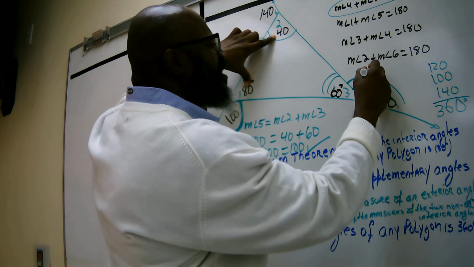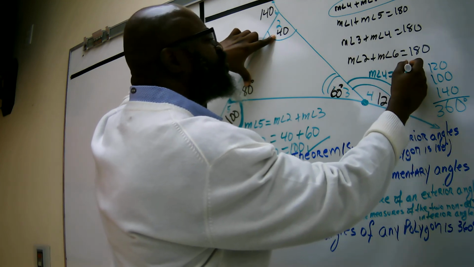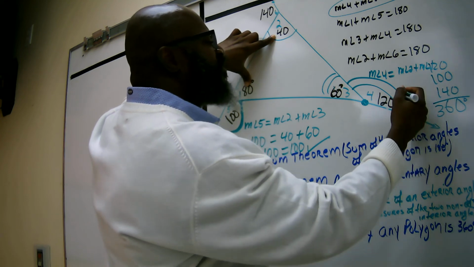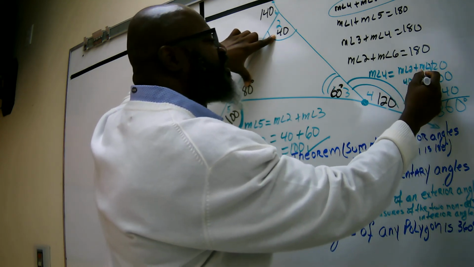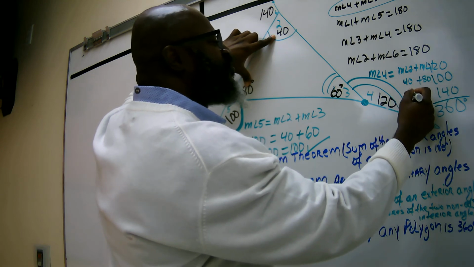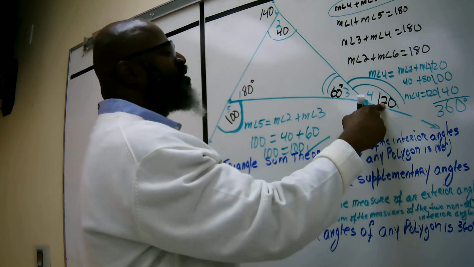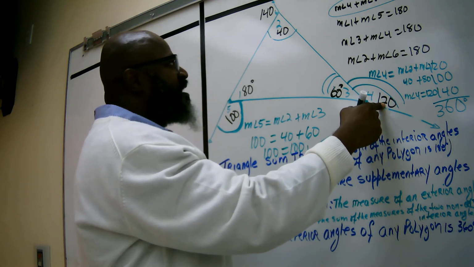So the measure of angle 4 will always equal the measure of angle 2 plus the measure of angle 1. The measure of angle 2 is 40 and the measure of angle 1 is 80. So the measure of angle 4 must be equal to 120. As you can see, the measure of angle 4 is 120. So that's what the exterior angle theorem is telling you.